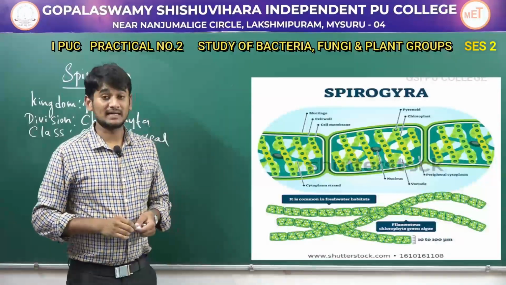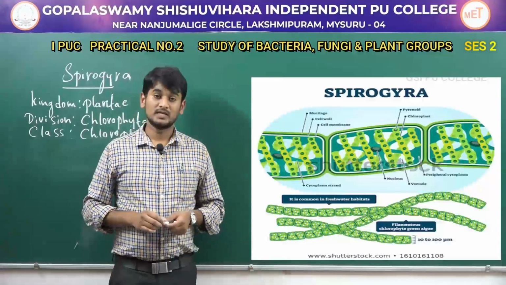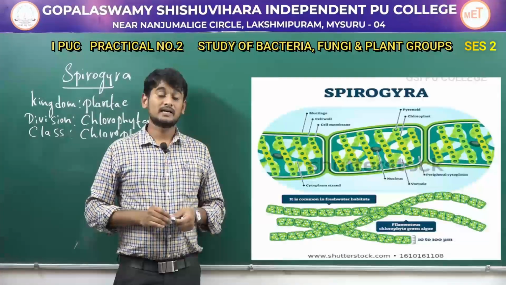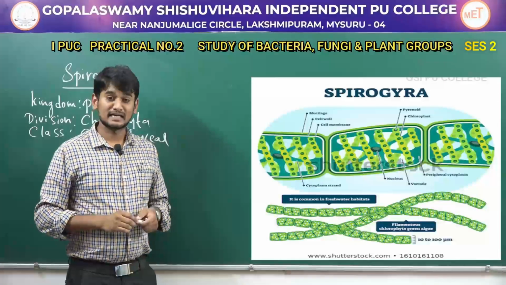Spirogyra is a green alga, unbranched and filamentous and slimy, found in stagnant water.